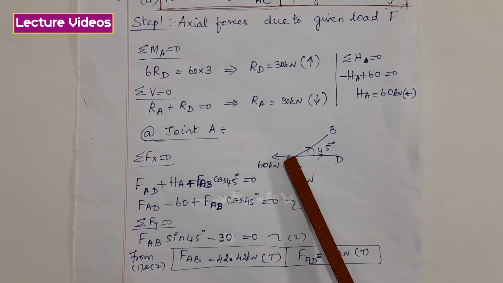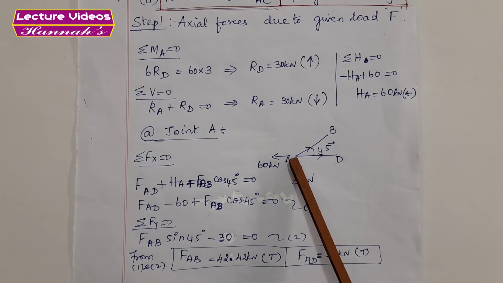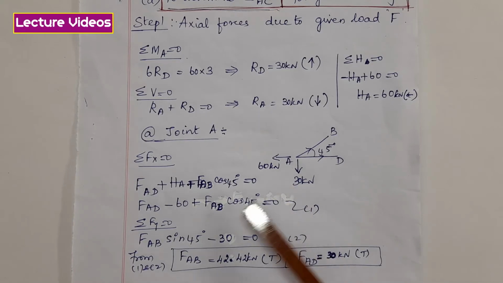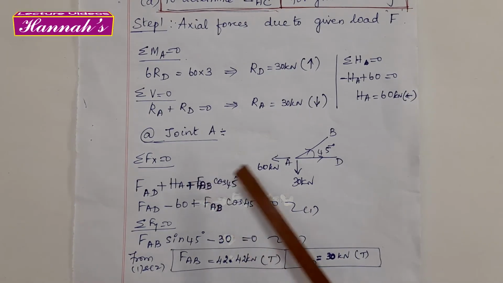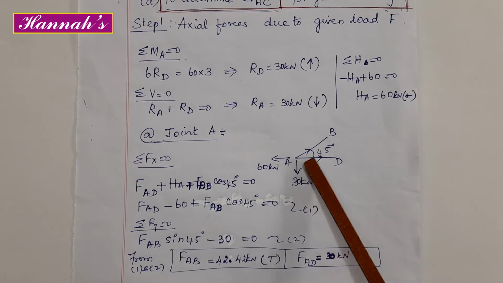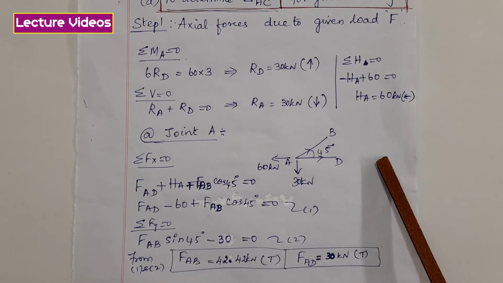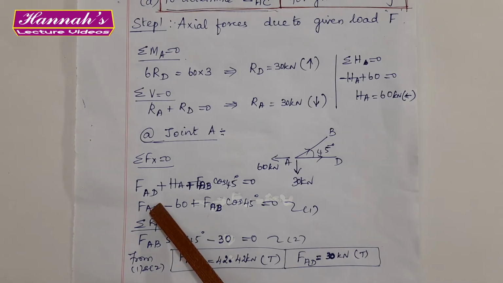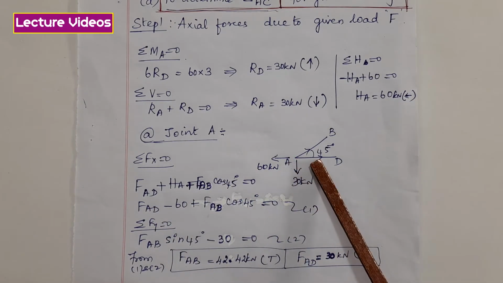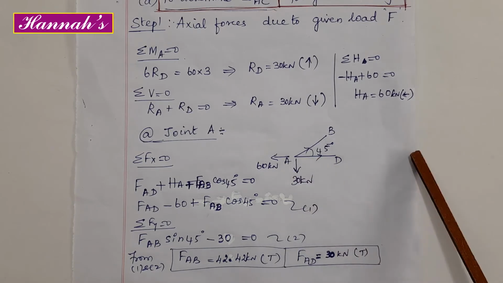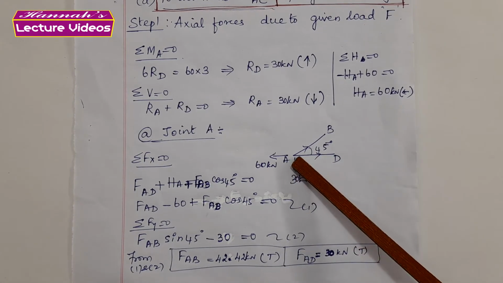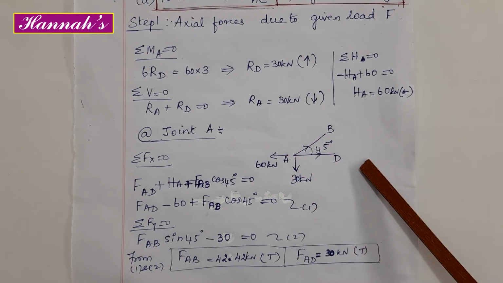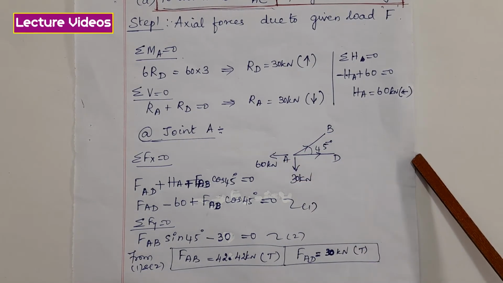Based upon the method of joints, to begin with, tension is assumed in the members connecting at joint A. Sigma Fx is written as the summation of all the horizontal direction forces, reactions and loads, if any, at A. So FAD is positive, the assumed direction is tension, it goes in the positive x direction. When the member force in AB is resolved horizontally, that also goes in the positive direction.